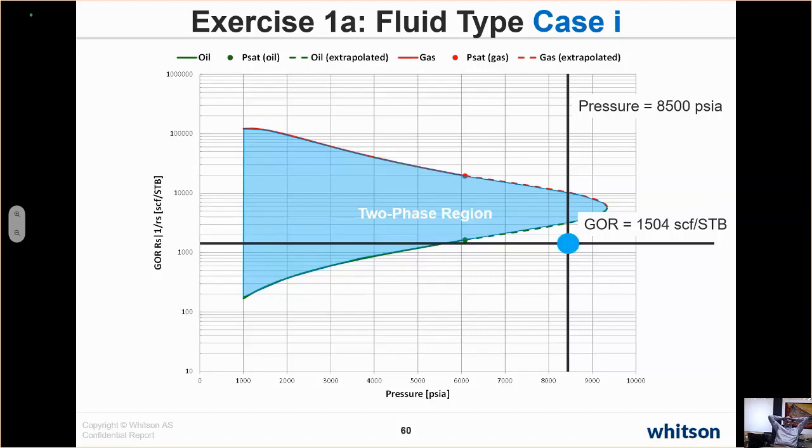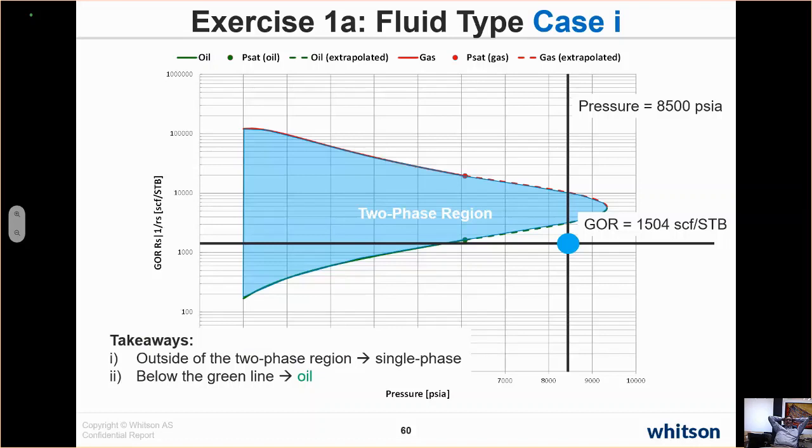We see that the area where these two lines intersect is outside of the two-phase region, which draws the following two observations. We're outside the two-phase region, hence we are a single-phase fluid, and since we are below the green line, this is a single-phase oil. So we've already solved the first part of this exercise.